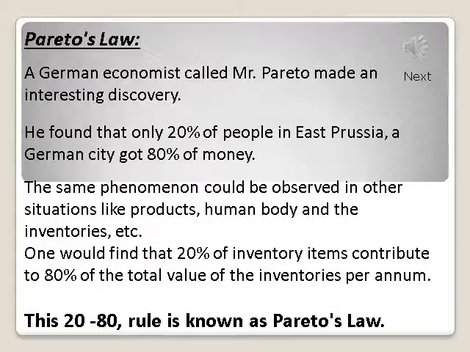We said last time that the theoretical foundation for doing inventory categorization is Pareto's law. Pareto's law stated that 80% of the output is based on 20% of the input.